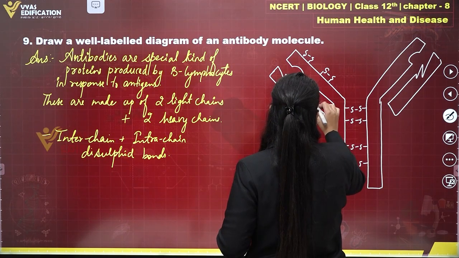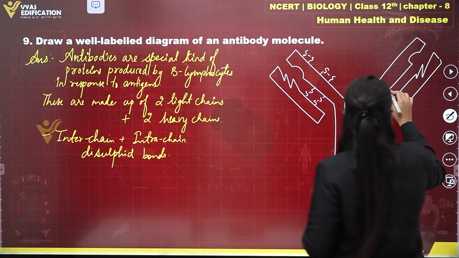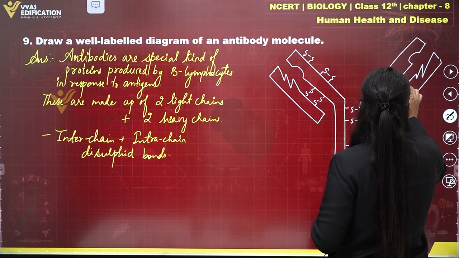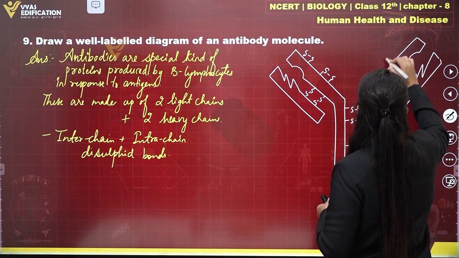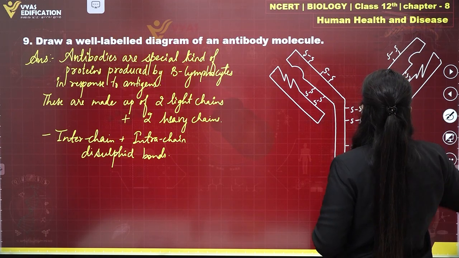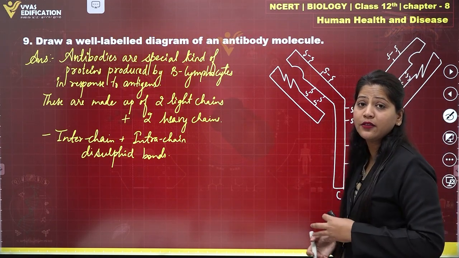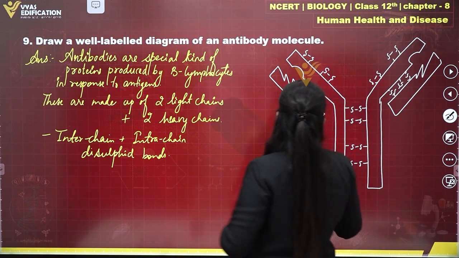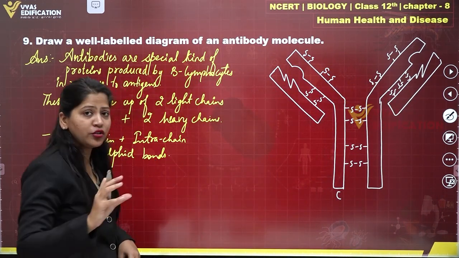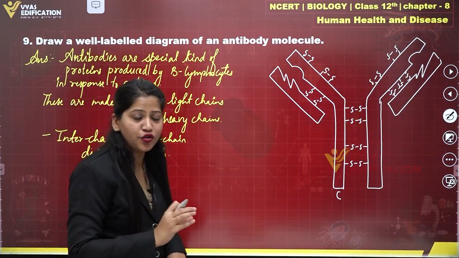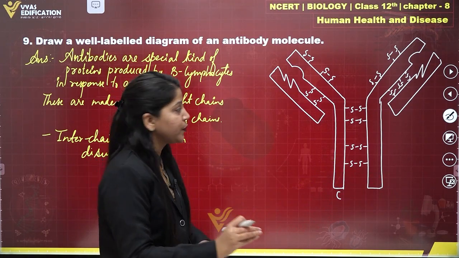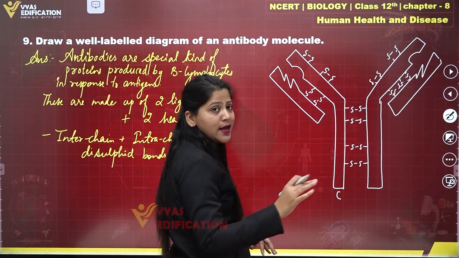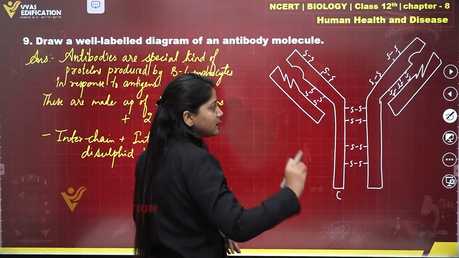Intra-disulfide bonds are also present. These are the representation of disulfide bonds. Now, we know that the portion of light chain and heavy chain which interacts with the antigen in the body is known as the antigen binding site.